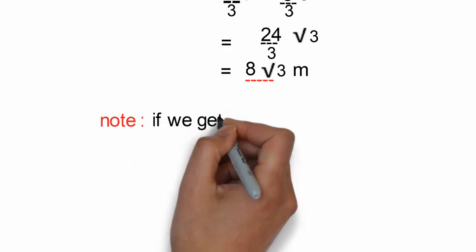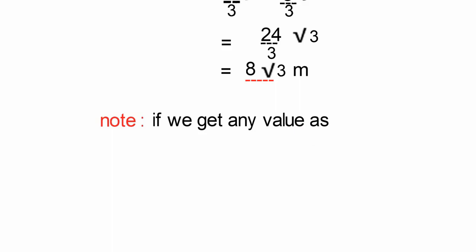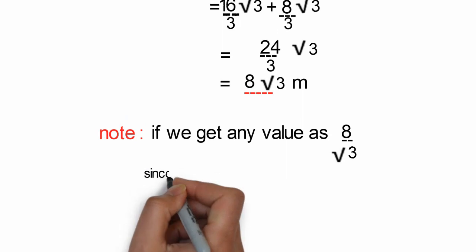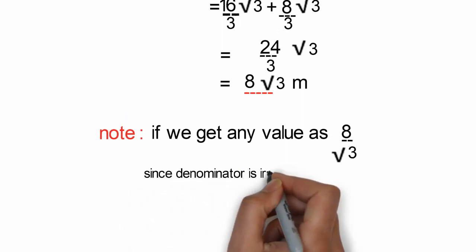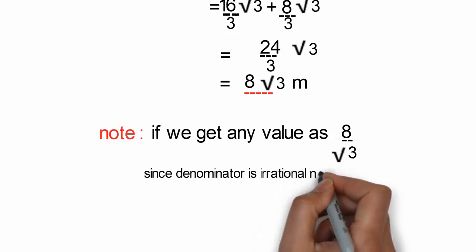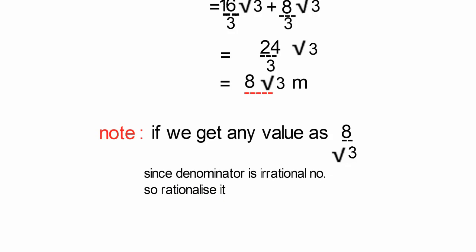Now note some points. If we get any value such as 8 upon root 3, where the denominator is an irrational number, then we have to rationalize the denominator. How to rationalize the denominator? Let us see.